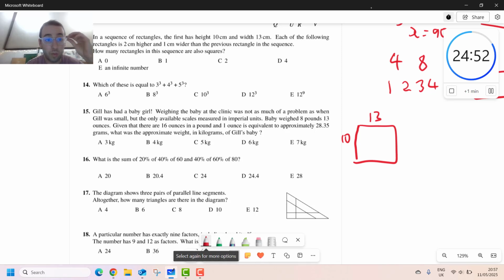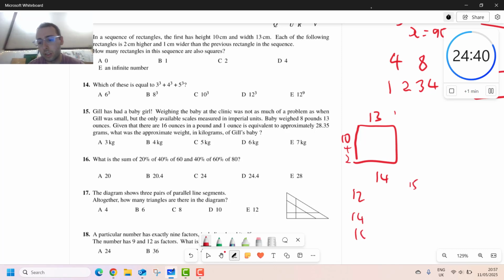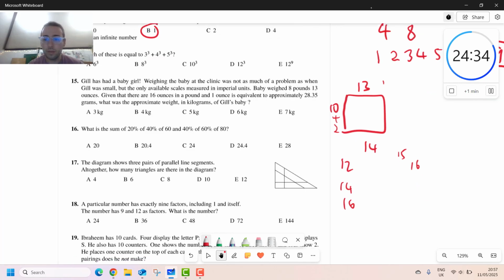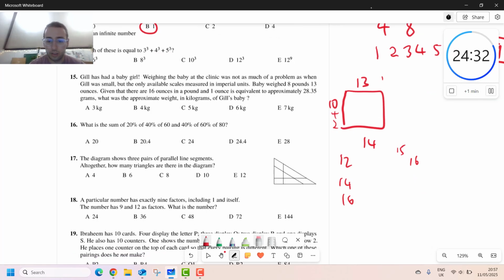And this is going by 1. Sorry, this is going up by 2, and this is going up by 1. So will they ever be the same? So we've got 12 and 14, we've got 14 and 15, we've got 16 and 16. So there'll be 1 at 16, 16, and then no others. Yeah, 16, 16 will be, and none of the others will be.